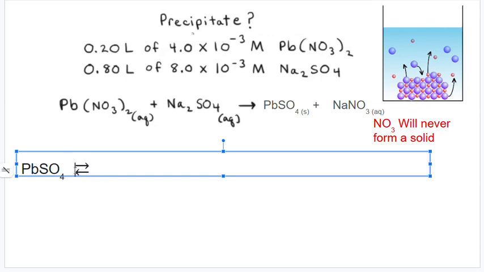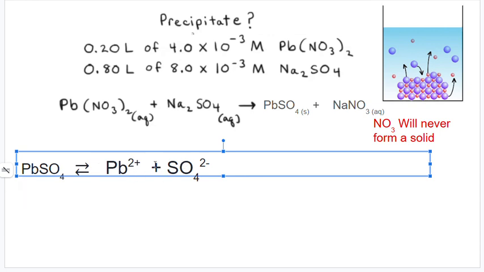So I have PbSO4, and it's going to turn into a Pb ion, which is 2+, and an SO4 ion, which is 2-. I'm going to put these where you can see them in the right places.